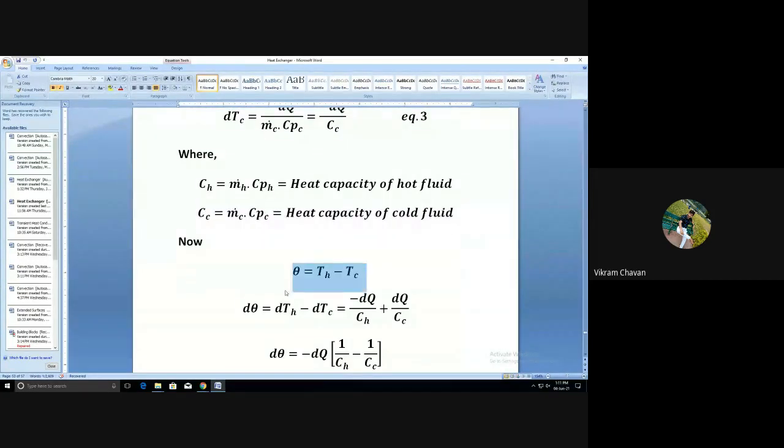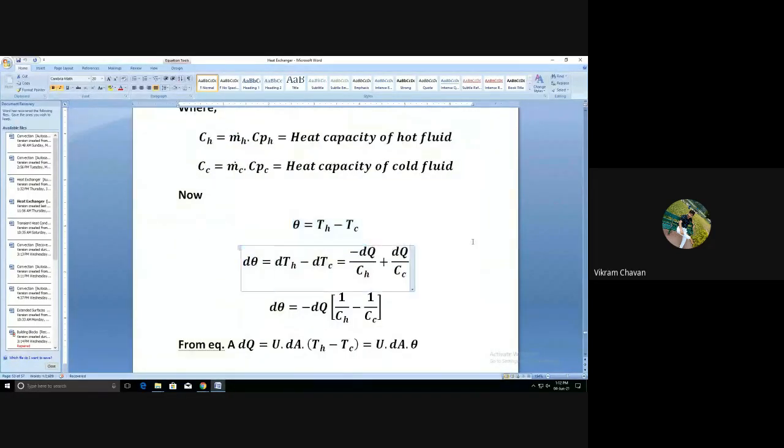So the same routine procedure we have to follow as that of a parallel flow heat exchanger, that we have considered theta, and theta is equal to th minus tc. And when you differentiate, then you will get d theta is equal to dth minus dtc, which will be equal to minus dq divided by ch, and minus minus will become plus, therefore plus dq divided by c suffix c.